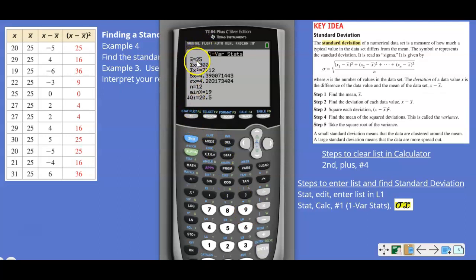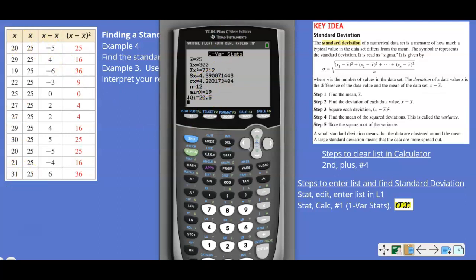Remember x bar, that's your mean, and since I entered these numbers in my list, it gives us a mean of 25. And this right here is the lowercase sigma x. That's your standard deviation of the x's, which is going to be 4.2 for this data set.